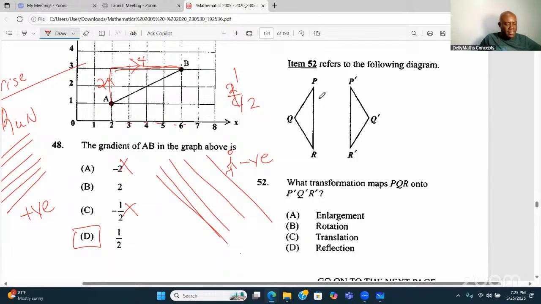And yes, Tanya, as you could see, it is a reflection, and the mirror line is somewhere here. The mirror is somewhere here where the R reflects to there, the P's reflect there, the Q's reflect there. So definitely the answer is D. It is a reflection, right? So we want to make sure that we're knocking those as we go along.